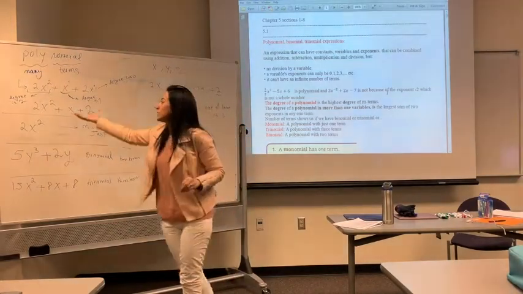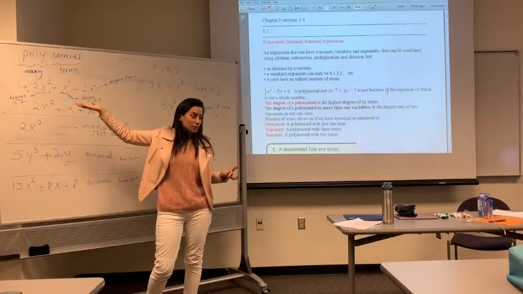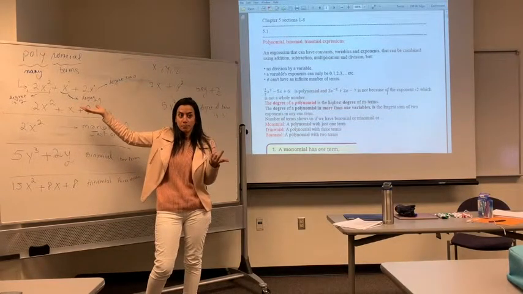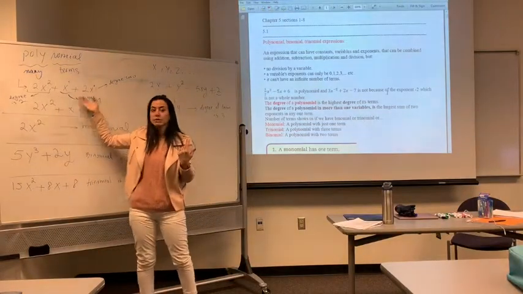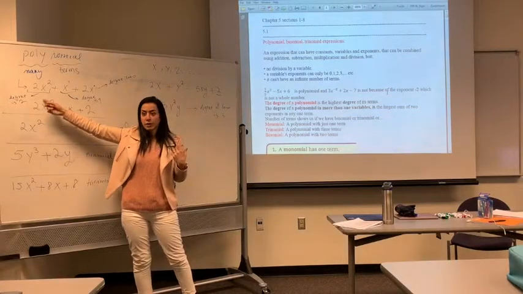Mainly the purpose of knowing the degree of each term is to calculate the degree of the polynomial. So this is a polynomial. The degree of a polynomial is the highest degree of its terms. Between these terms, which one has the highest degree? The first one.